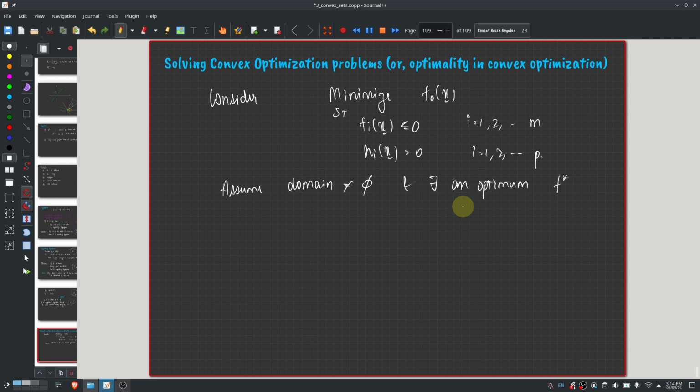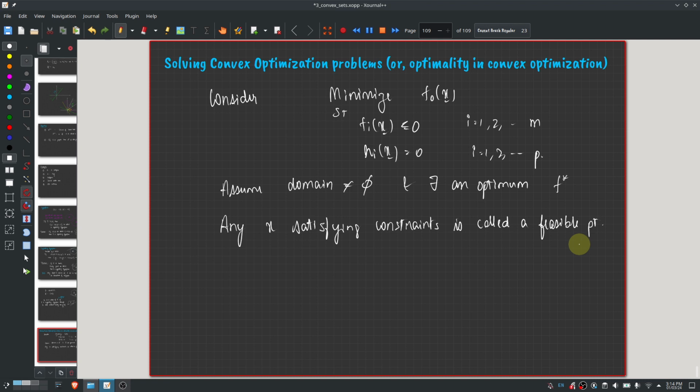Any point that satisfies these constraints is called a feasible point. Any x that satisfies them is what we call a feasible point.